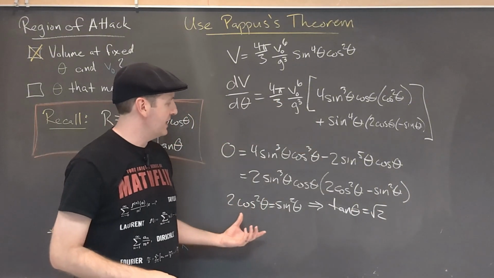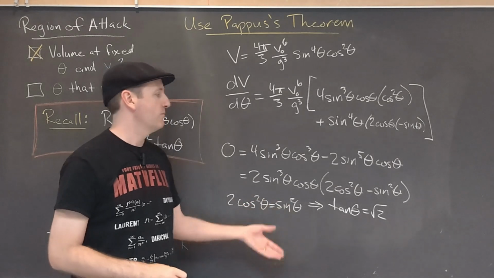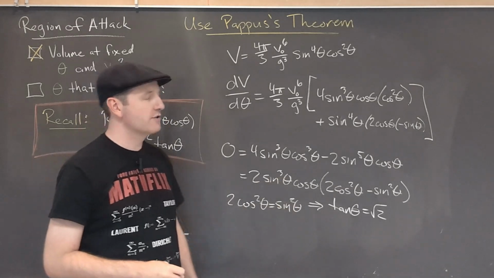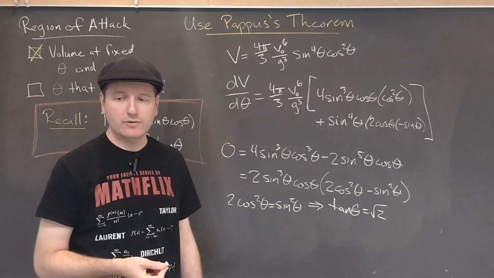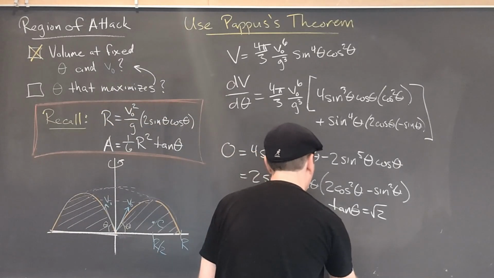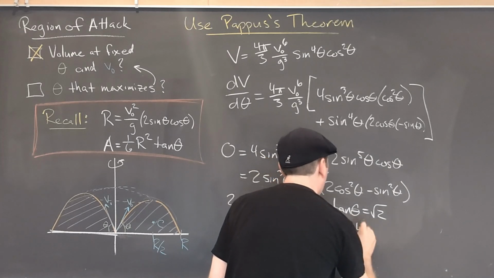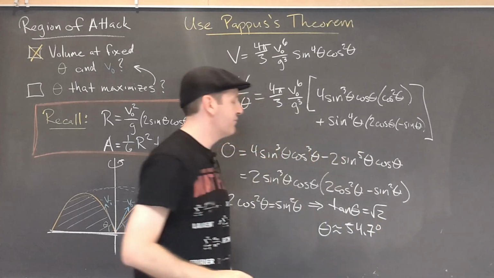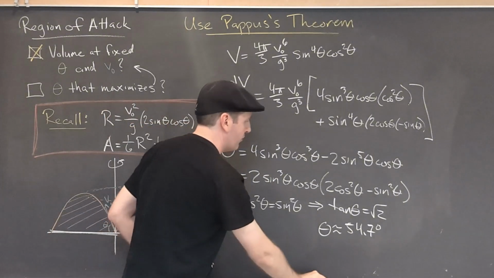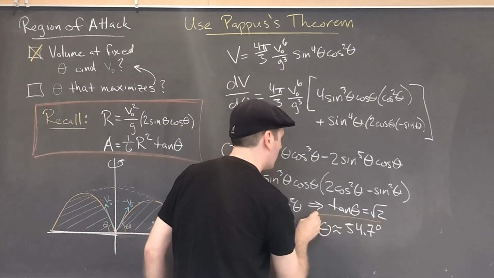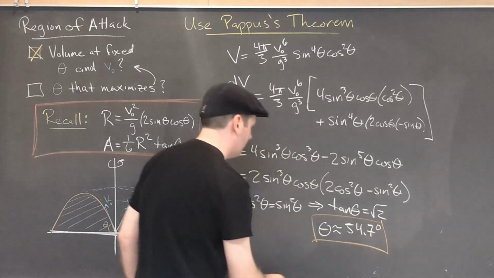After doing a little division and then square rooting, we end up with the result that theta should be the arctangent of the square root of 2. For a numerical value, that's about 54.7 degrees. So this is the angle that will maximize that volume of our region of attack.